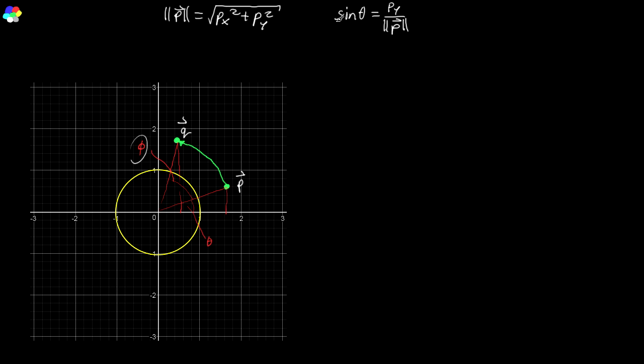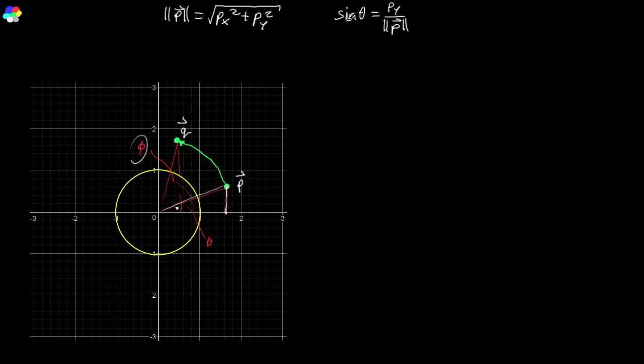Now, we can say that sine theta is equal to Py over the length of the vector P. And that's just SOHCAHTOA, right? Because if this is our angle theta here, then this is the opposite, which is y, and this is the hypotenuse, just the length of P. This is just the SO of SOHCAHTOA.